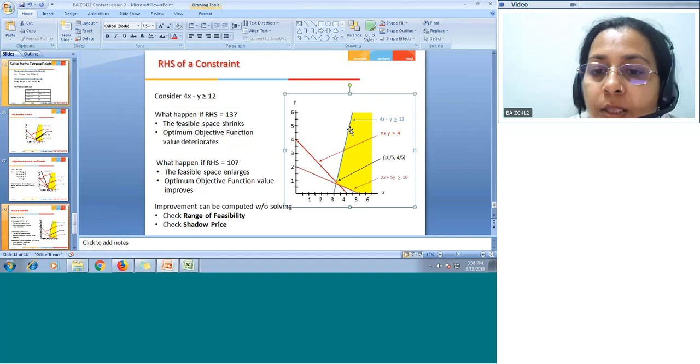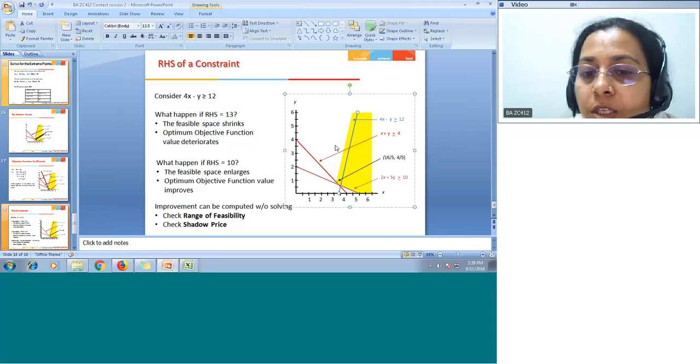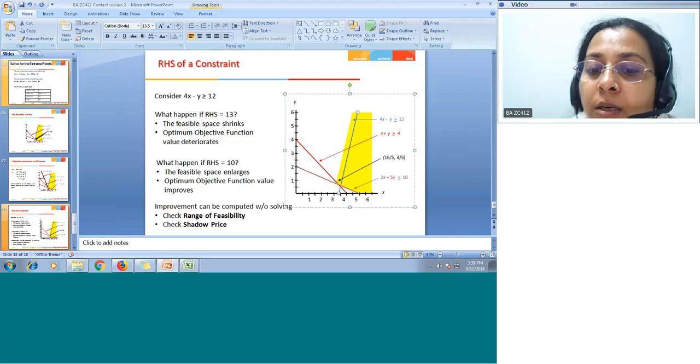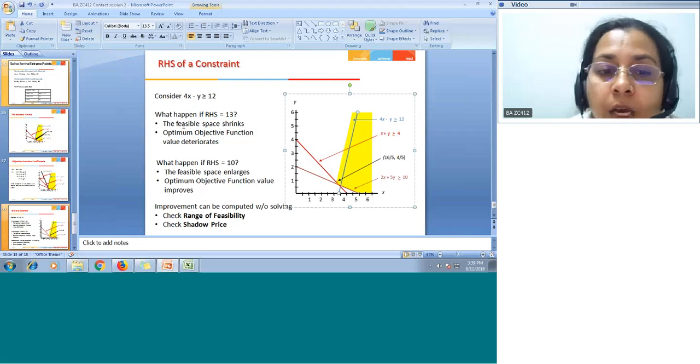So once you see that if I change this, this line will move this side. If this line moves this side, that means our solution space will become less. This part is less, then this solution space, the yellow space, will shrink, and my values of the variables x1 and x2 will change.